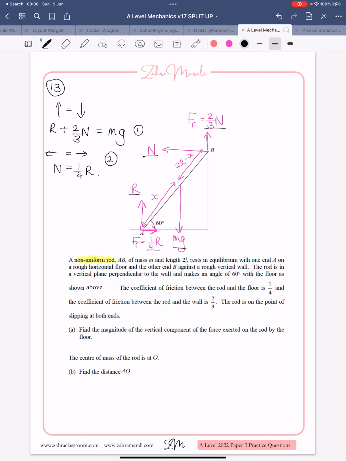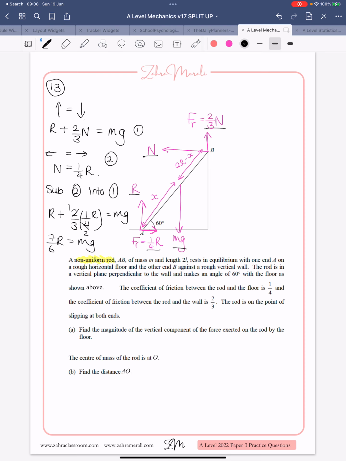And what I'm going to do is I'm going to sub 2 into 1. So I'm going to get R plus 2/3 multiplied by 1/4 R equals mg. Okay, so altogether I've got, cancel that down, 1/6 plus 1, so I've got 7/6 R equals mg.